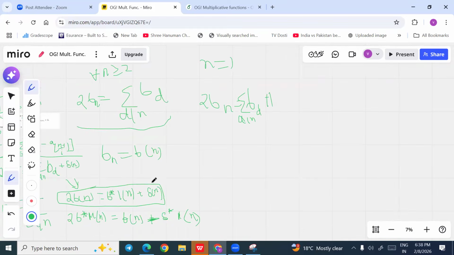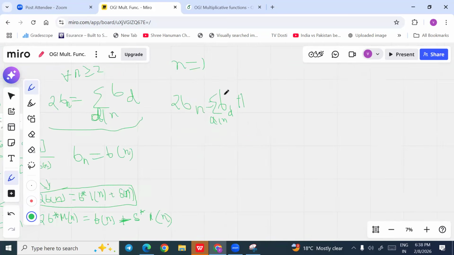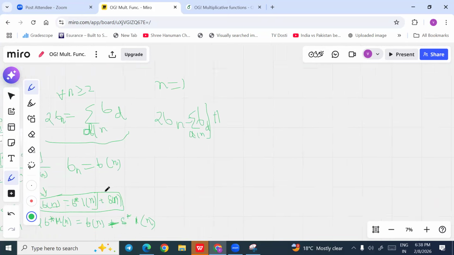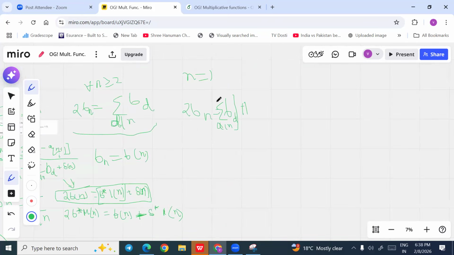So this will automatically become 1 when n is equal to 1, and this will be 0 when n is equal to 2, right? So it's delta d. No, delta n, right? D, you're summing it over d. D is not a fixed thing. But you want to add only 1. Yeah, 2bn equals that plus 1.